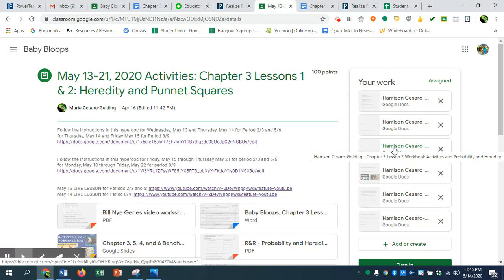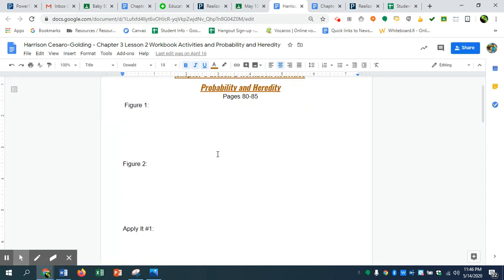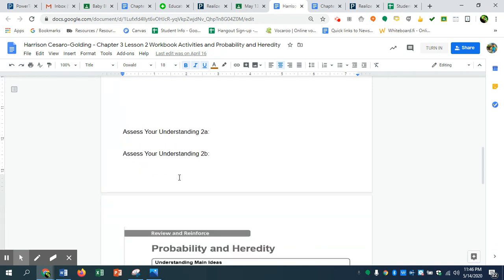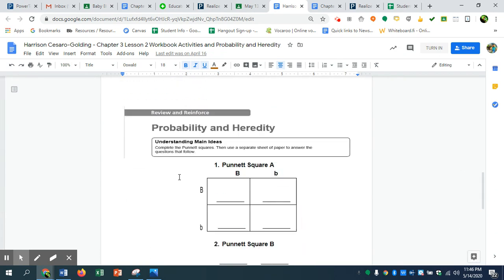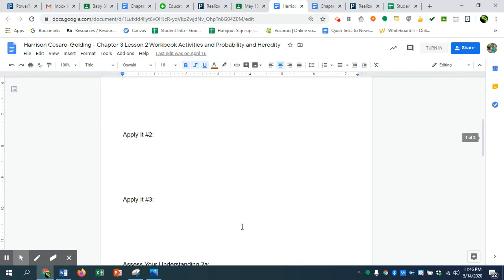Chapter 3, lesson 2, workbook activities. And there's going to be an activity on probability and heredity today. So click on that document. And here we are. If you peruse this real quick, here are our activities. And then you're going to have this activity to do at the end.